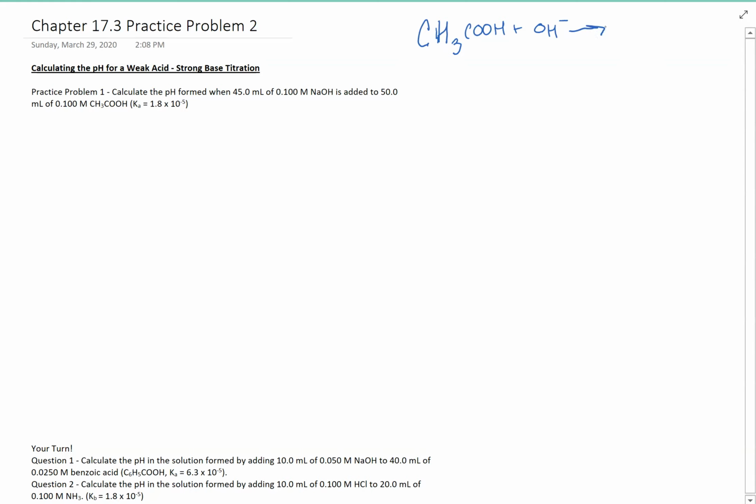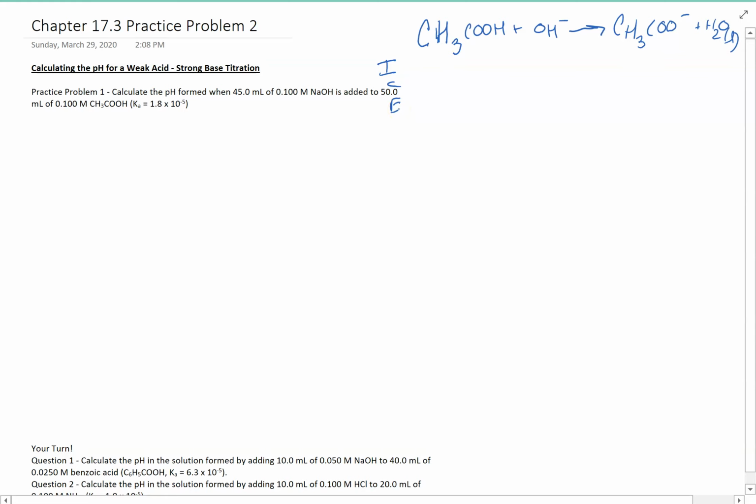Since this is a weak acid and strong base, remember that the weak acid does not completely dissociate, so we cannot make the assumption that this whole acid just becomes the proton. So when we do this, remember we're looking at the conjugate acid as well, and our favorite product, water, which gets to get ignored. Now, just like anything else, we're aiming for an ice table.